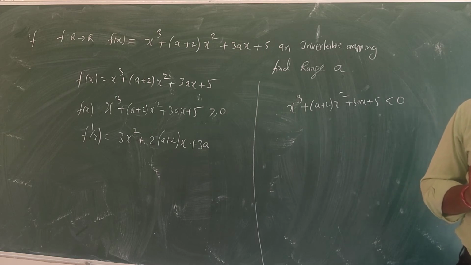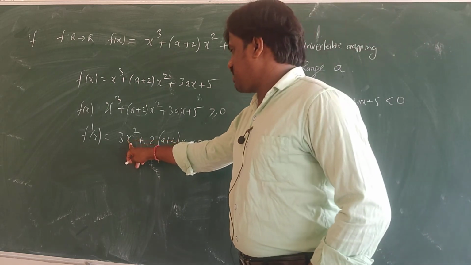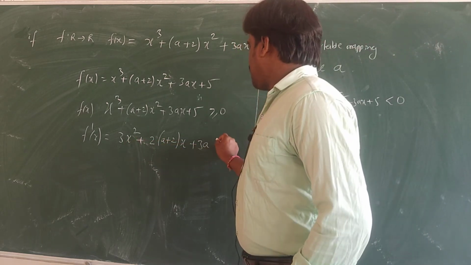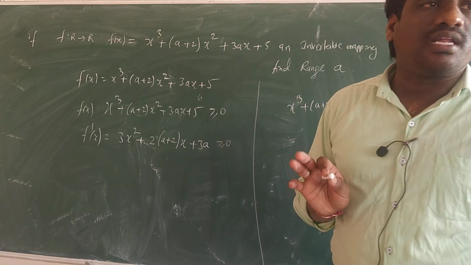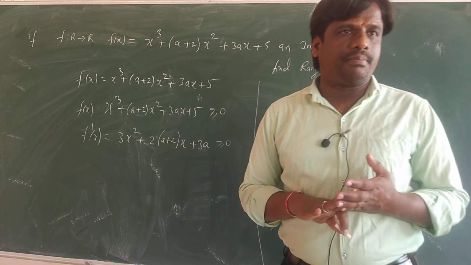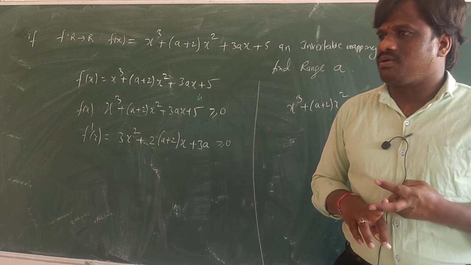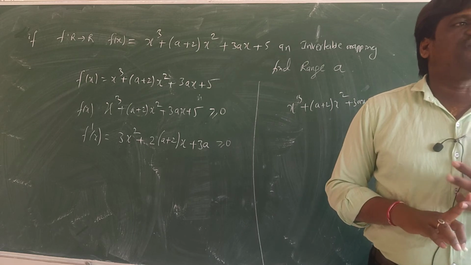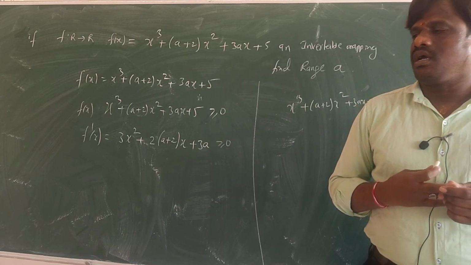This is also something you know, so you can use this condition also. If I take f dash of x greater than or equal to 0, or less than or equal to 0, any one of these should happen, then only it becomes a 1-1 function. Everyone knows the condition for 1-1.